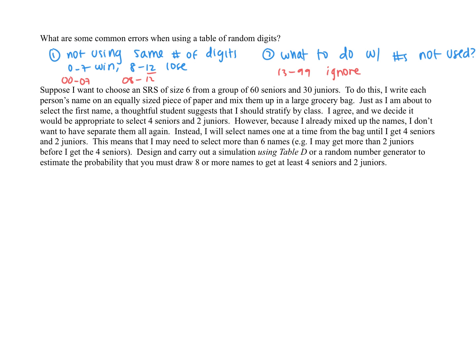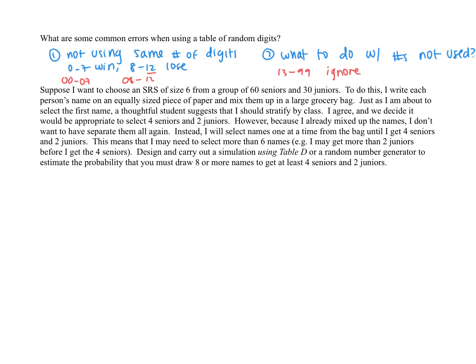So suppose I want to choose a simple random sample of size 6 from a group of 60 seniors and 30 juniors. To do this, I write each person's name on equally sized pieces of paper and mix them up in a large bag. Just as I am about to select the first name, a thoughtful student suggests that I should stratify by class.